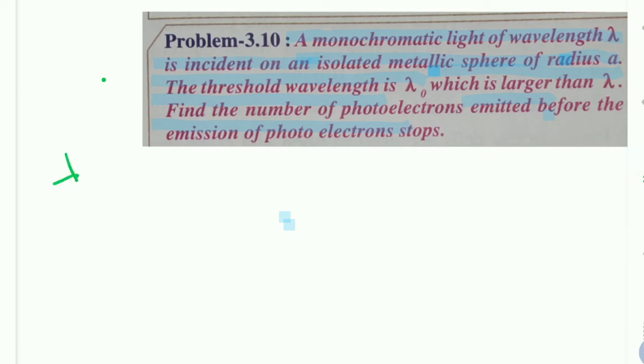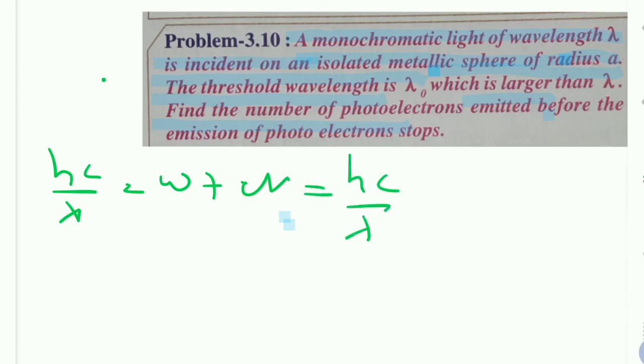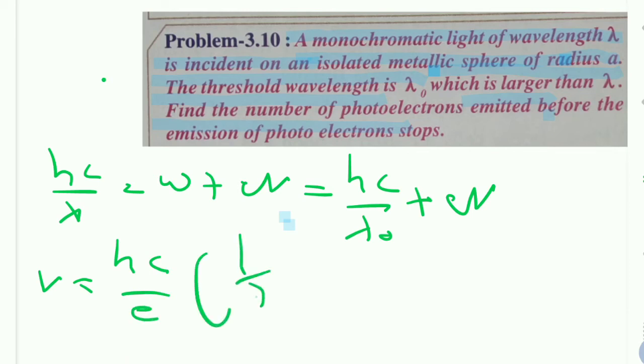hc by lambda is equal to work function plus eV, then hc by lambda naught plus eV, or V is equal to hc by e into 1 by lambda minus 1 by lambda naught.